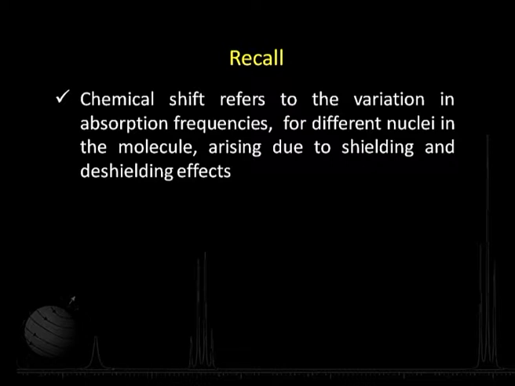Let us recall what we said about chemical shift. You will remember that chemical shift basically refers to the variation in absorption frequencies for different nuclei in the molecule, and these arise because of shielding and de-shielding effects. Basically we have a nucleus, it absorbs a certain frequency, and depending on the electronic environment around the nucleus, the frequency at which it absorbs changes.